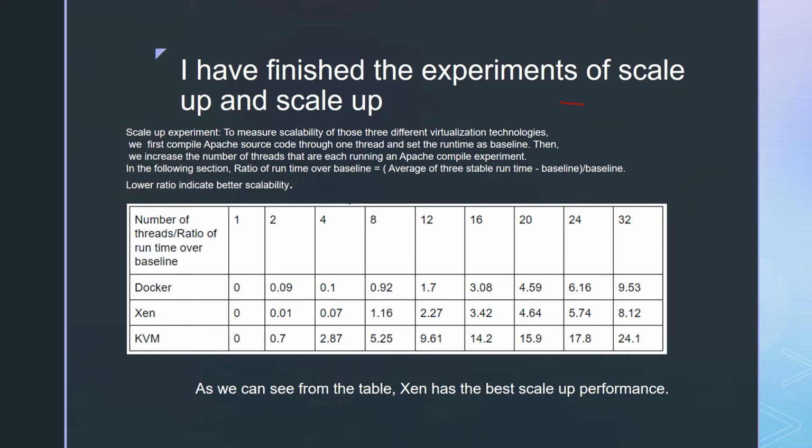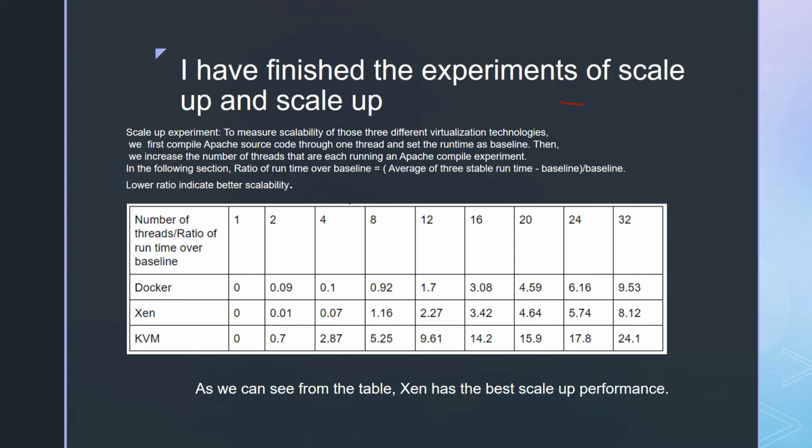As we can see, Xen has the best scale up performance. The reason, I think, is that Xen is not very heavy and doesn't have full virtualization, so it's still very flexible.